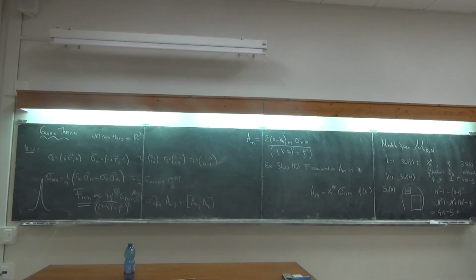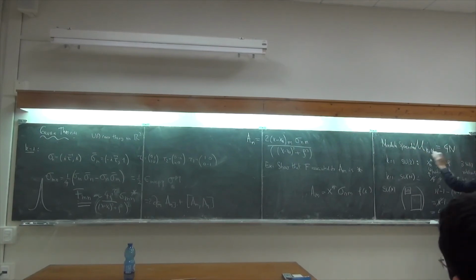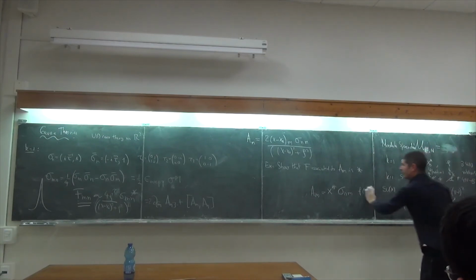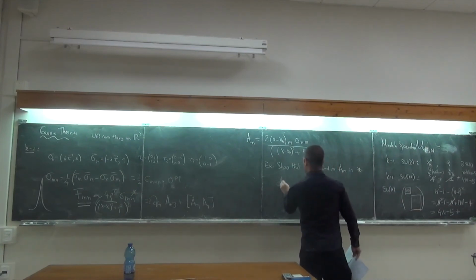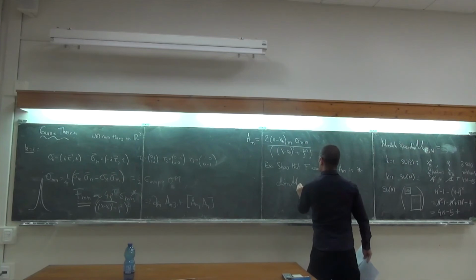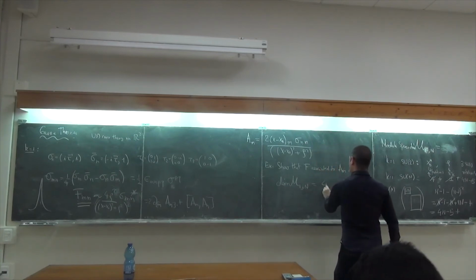Then the total dimension is 4n. The dimension of M_1,n is 4n.